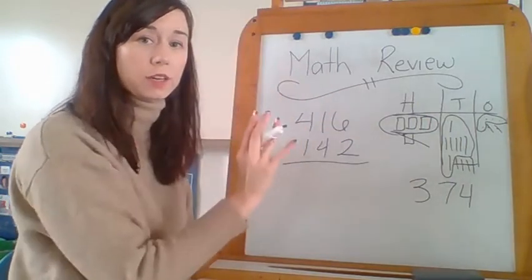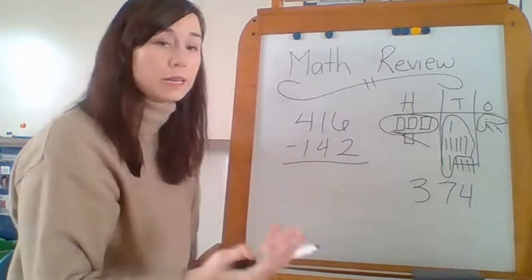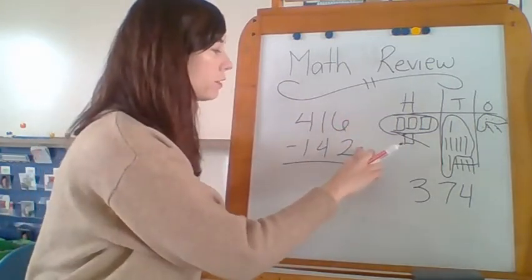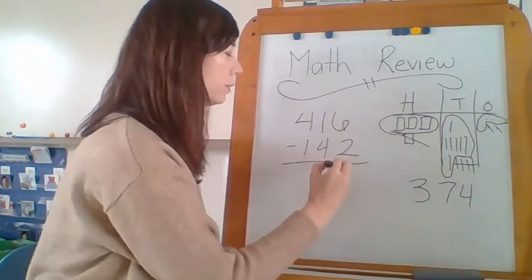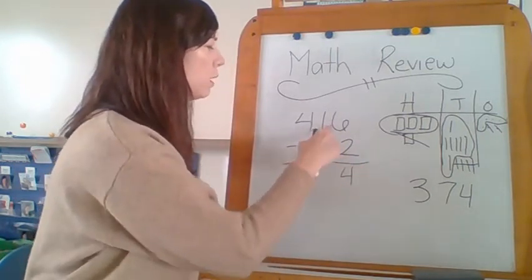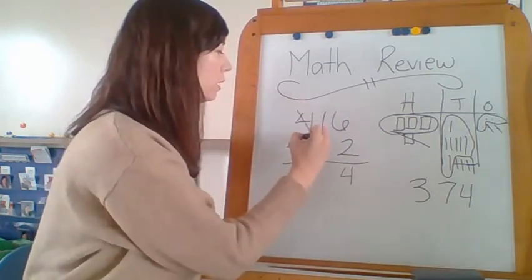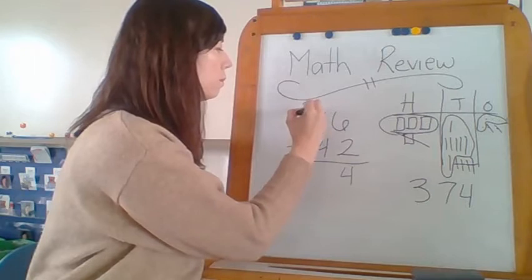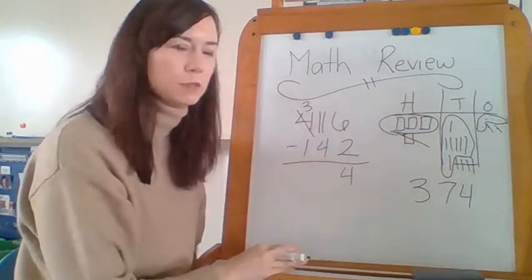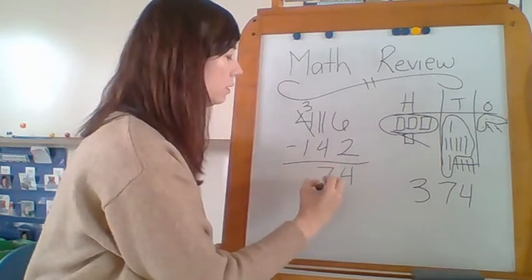Okay, let me check using the easier up and down vertical method for subtracting. So is 6 bigger than 2? It is. I'm going to subtract that, makes 4. Now, is 1 bigger than 4? It isn't. So I'm going to ungroup the hundreds and give it to my tens place. All right, 11 minus 4 is 7.